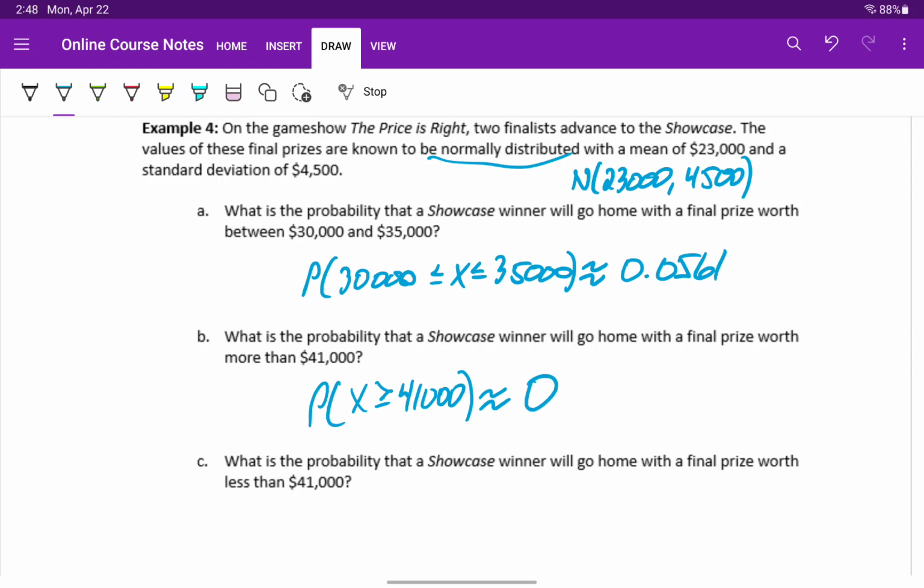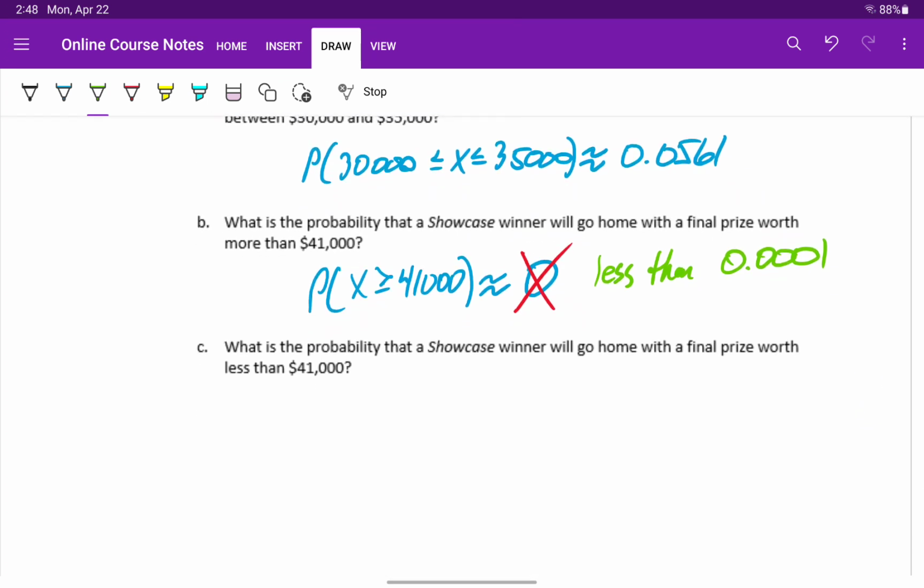But we don't want to enter that as our probability because that would mean that can't happen. So instead what we'll do is say that this probability is less than 0.0001. So it's a very, very small probability, not quite zero, even though natural rounding rules would have us enter 0.